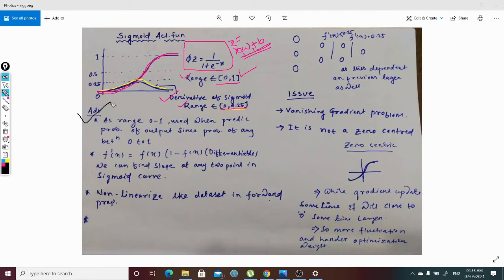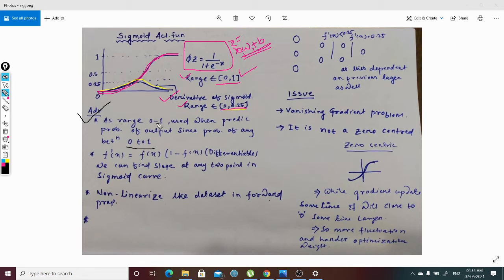Let's see the advantages of the sigmoid function. As we already know, the sigmoid graph ranges from 0 to 1. So when we need to predict the probability of an output, suppose we are doing binary classification, where we need to predict the probability of a particular outcome occurring in the output neuron, it helps to give a probability that ranges from 0 to 1.